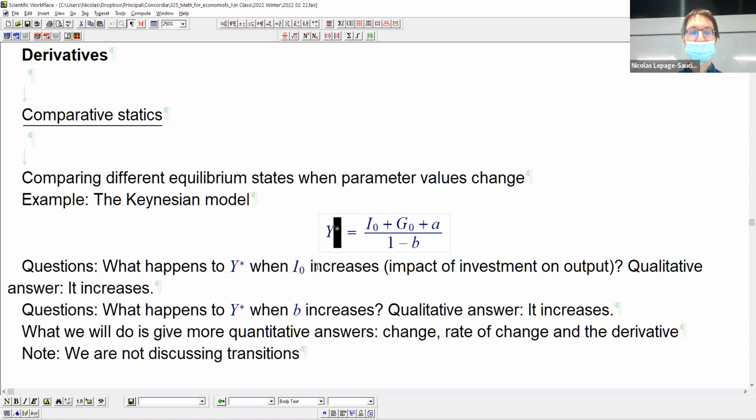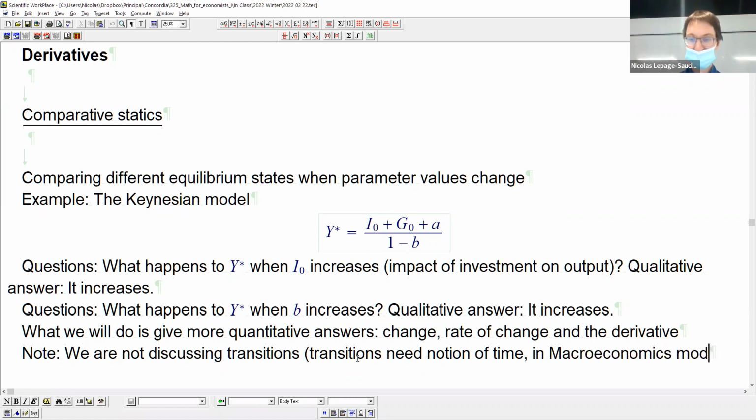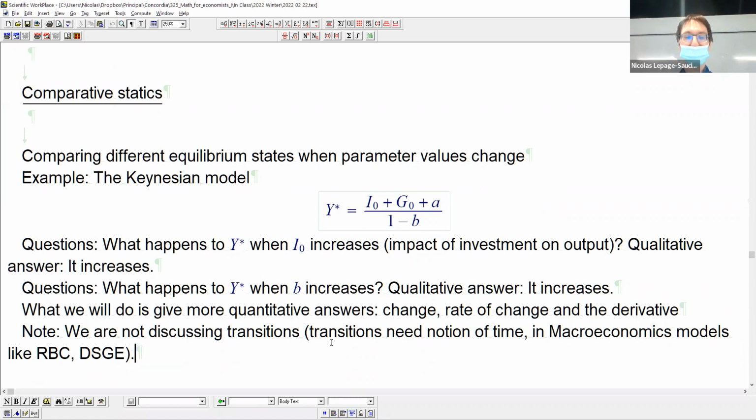That kind of transition is something you would see in RBC, for instance, which you will not see right away, but eventually I'm guessing you will. But that's not here. We just care about this.